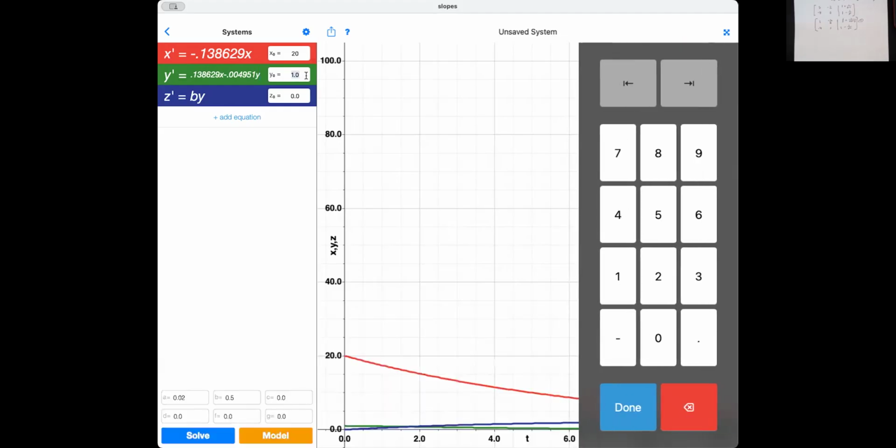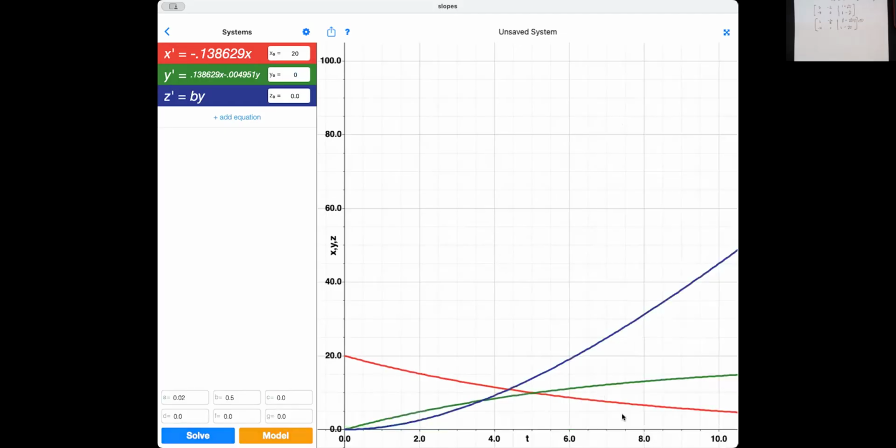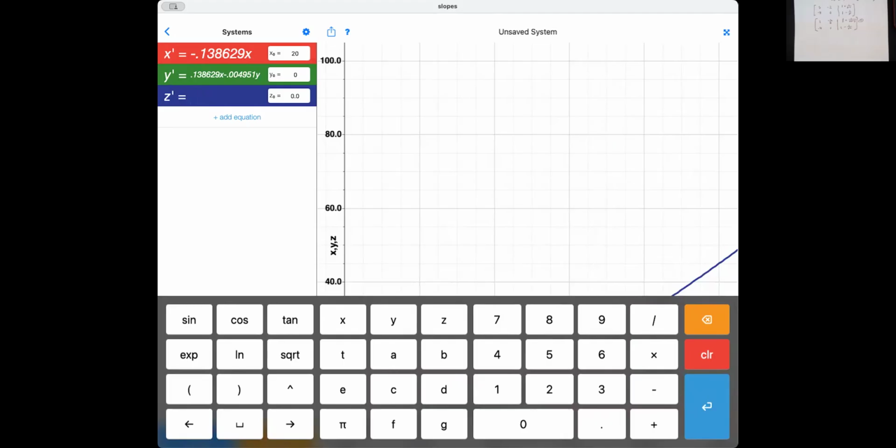And y of 0 is 0. Done. Now z. Z equals, and we use the positive number from the second part. Z equals 0.004951 y. And z of 0 is 0.